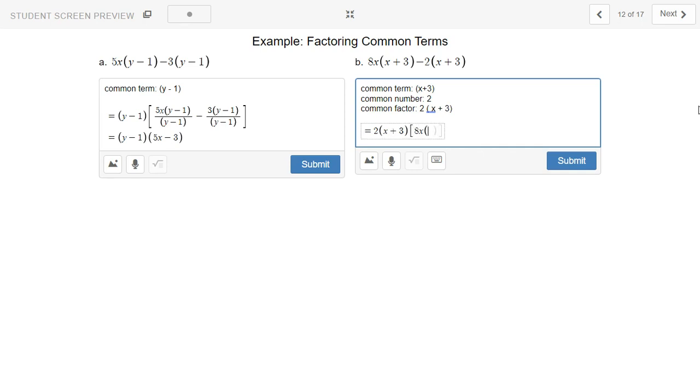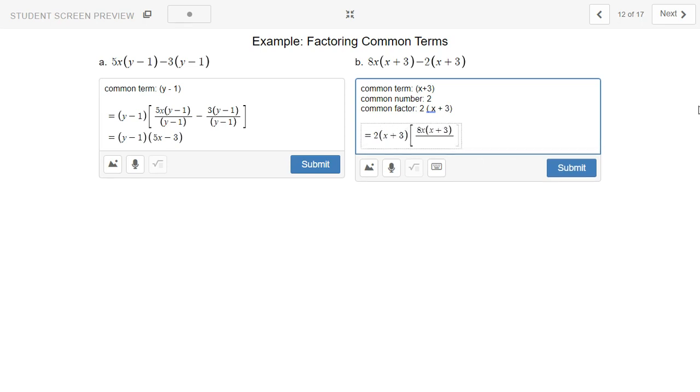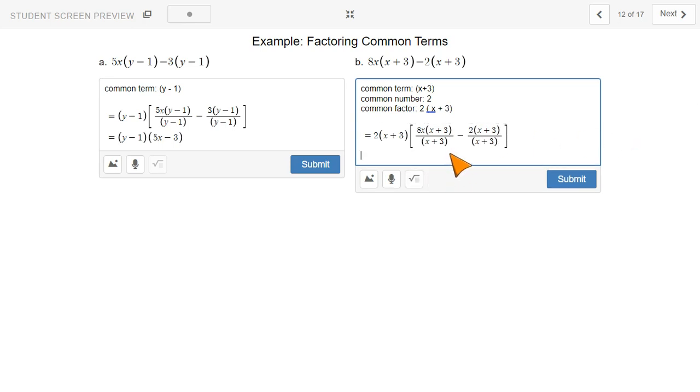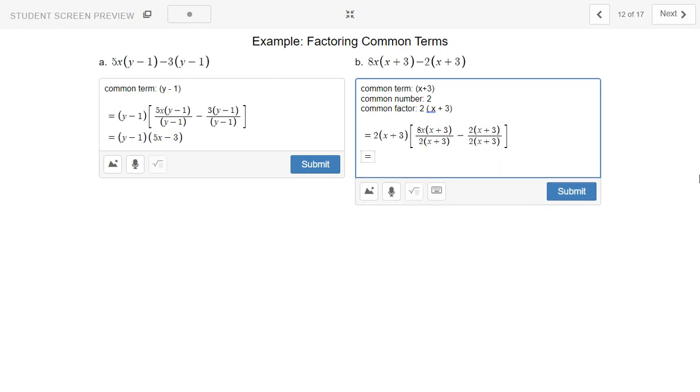Rewrite the equation. And now we can divide out our common factor and common term. Right, 2x plus 3 times 4x minus 1.